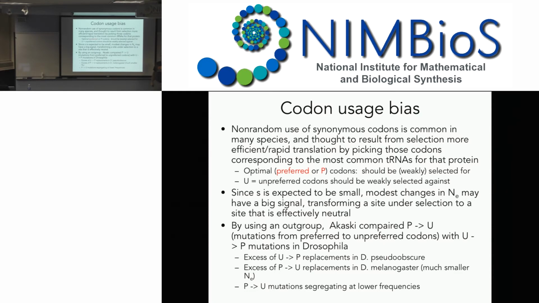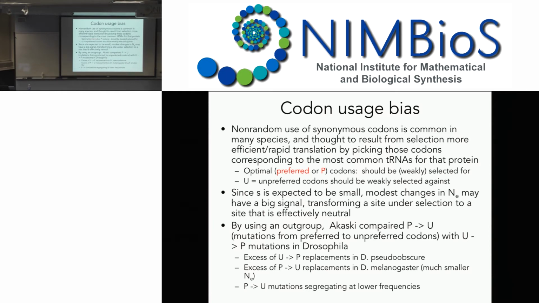That small amount of selection in a very large population size is big enough to overcome drift. In smaller population sizes, it's not big enough to overcome drift. So what can we say about that? So optimal or preferred codons should be weakly selected for, and unpreferred codons should be weakly selected against.